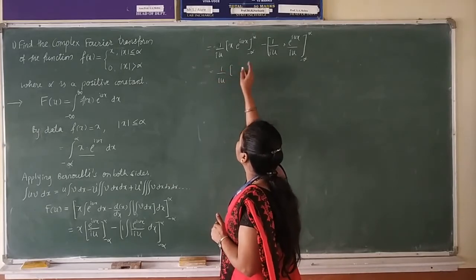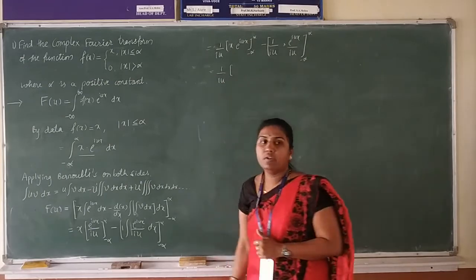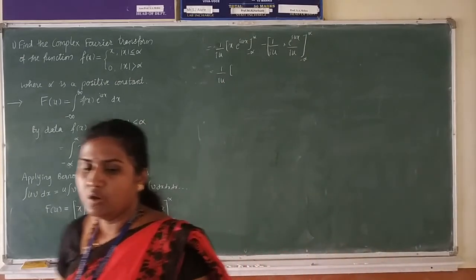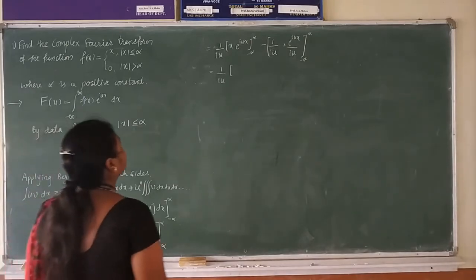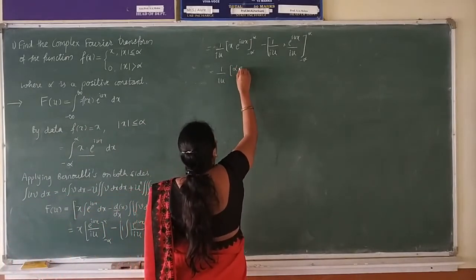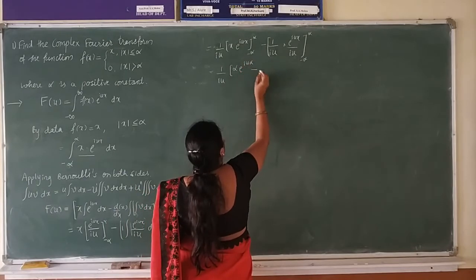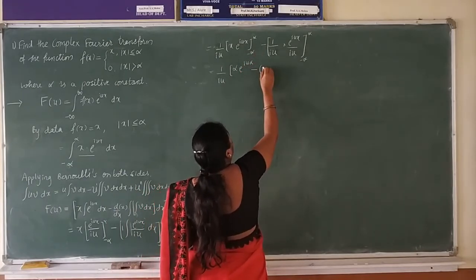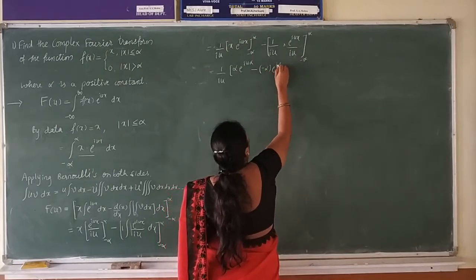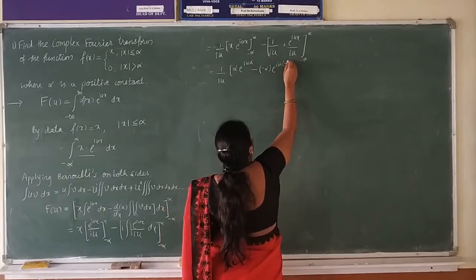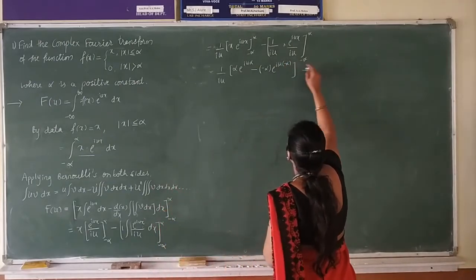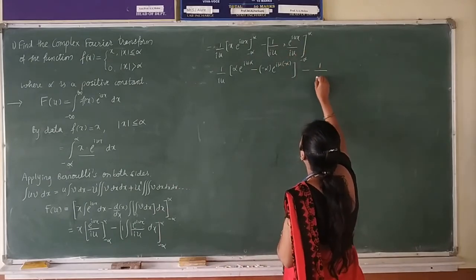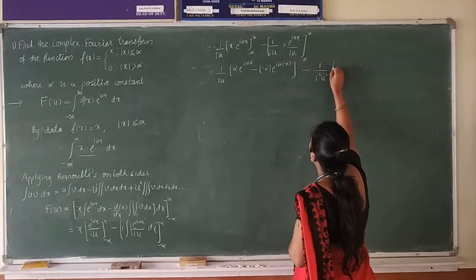Now substitute the limits here. Wherever x is there, substitute upper limit plus alpha and lower limit minus alpha. Alpha into e to the power iu alpha, minus the lower limit, minus alpha into e to the power iu into minus alpha. Next, minus 1 upon iu into 1 upon iu, that is 1 upon i square u square.